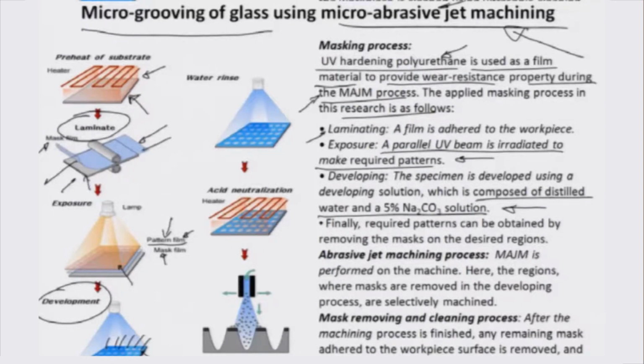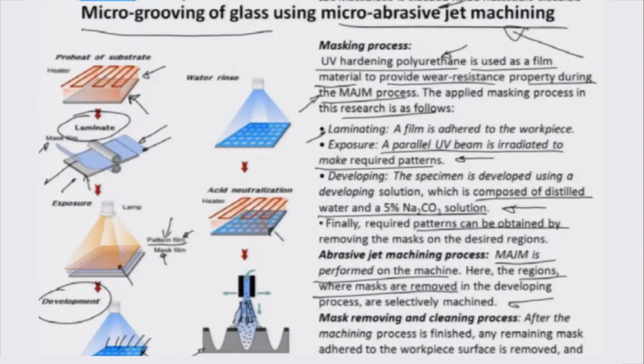Finally, these patterns are used for exposing the substrate, which is down below here. You can see this is the substrate, exposed to the abrasive jet running through the nozzle onto the substrate surface. So MAJM is performed using the patterns on the machine, and the regions where the masks are removed in the developing process are selectively machined off.